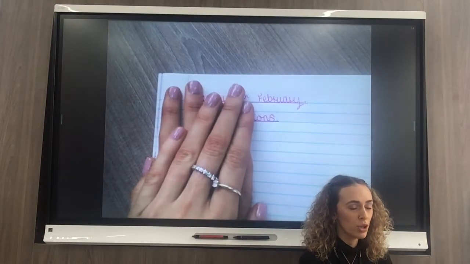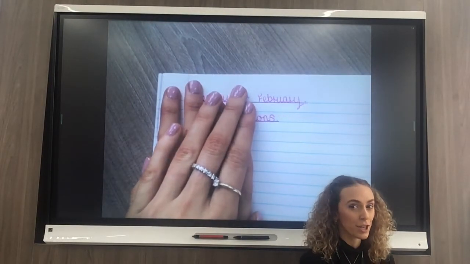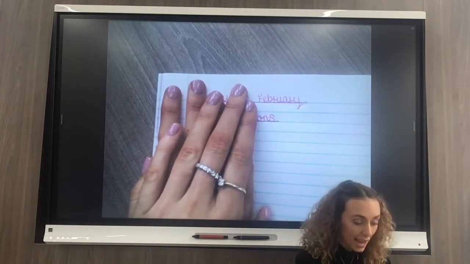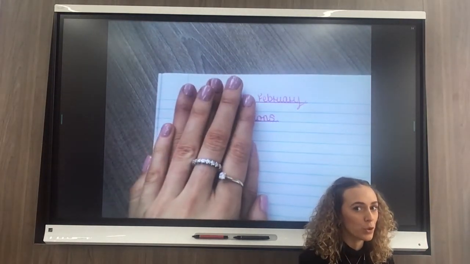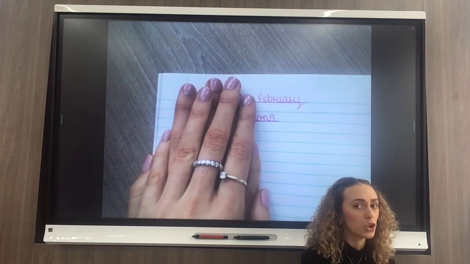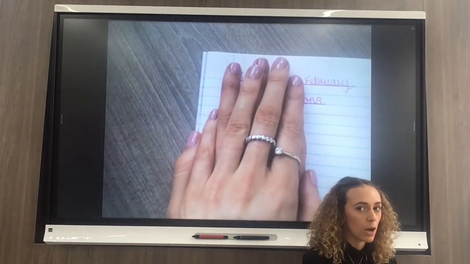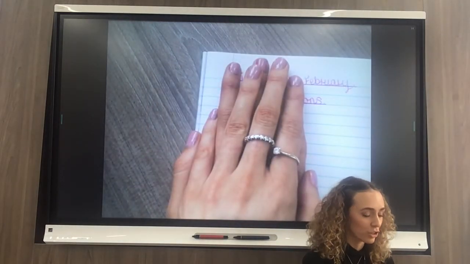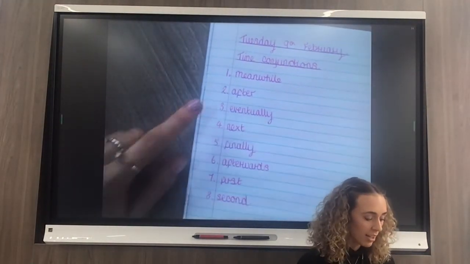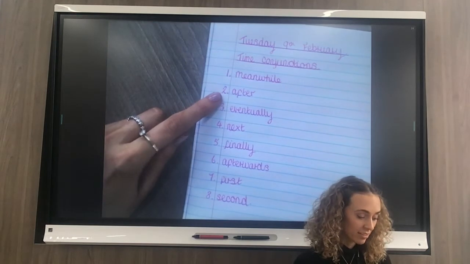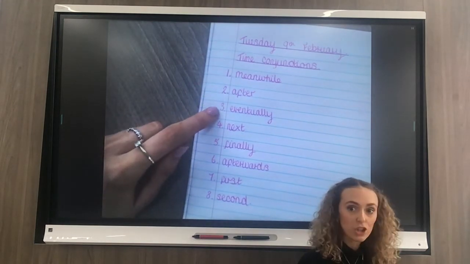Okay, before I reveal the answers, Year 3, so that you can either correct them or give them a big tick if they are right, make sure you have done your work first, okay, or had a good go at them. Let's find out what the answers are, what our time conjunctions are. Okay, so our first one we had meanwhile. The second one is after. Number 3, eventually.